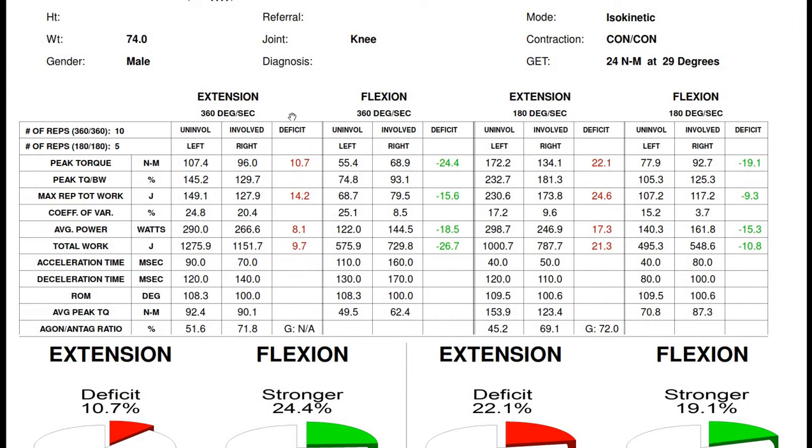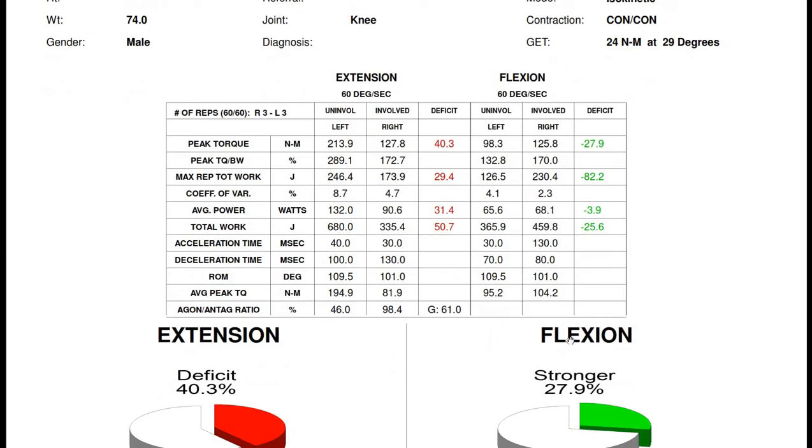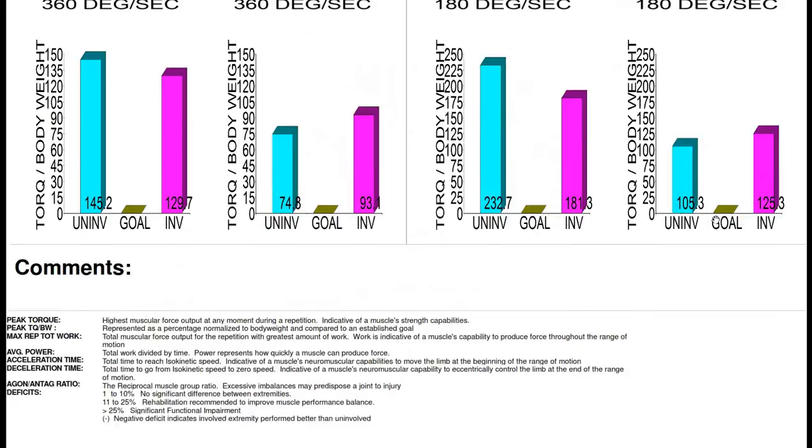So, let's start with the 360 degree per second results. Now, we're starting this example assuming nothing about our participant. However, this is the first thing that you would want to factor in when deciding which results to pay attention to. A strength athlete would be more interested in these slow results, the 60 degrees per second. In fact, you might not even perform the other tests above.